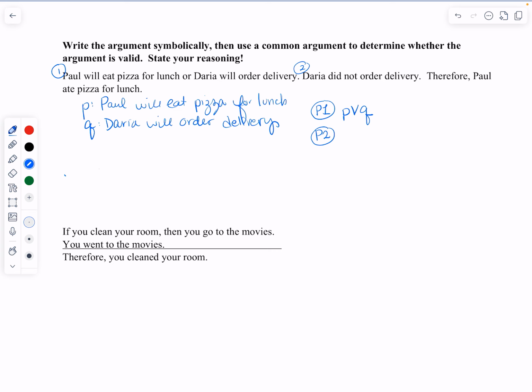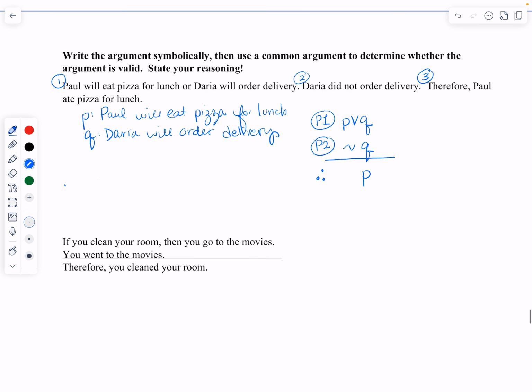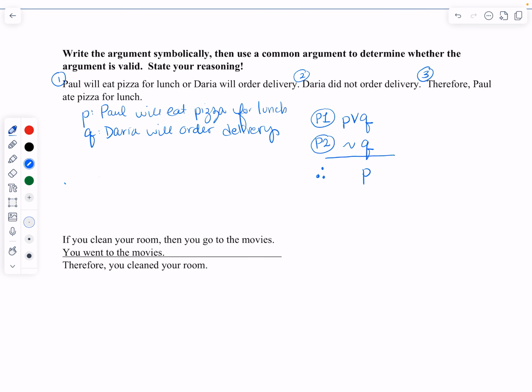Okay, so that is negation of Q. Now, the last sentence, we have, therefore, Paul ate pizza for lunch. So that is P. So the only one that has an or as premise 1 is disjunctive syllogism, but let's make sure it matches up.